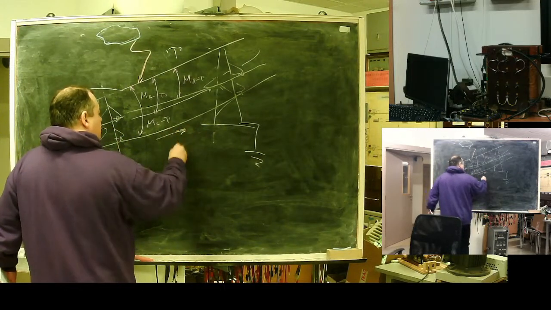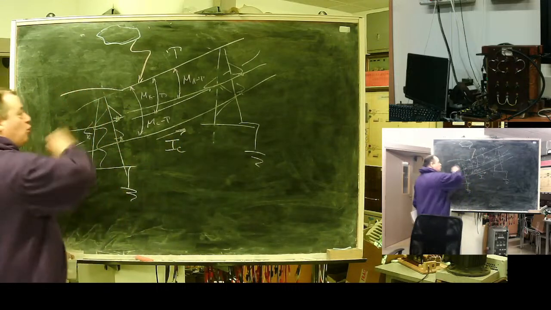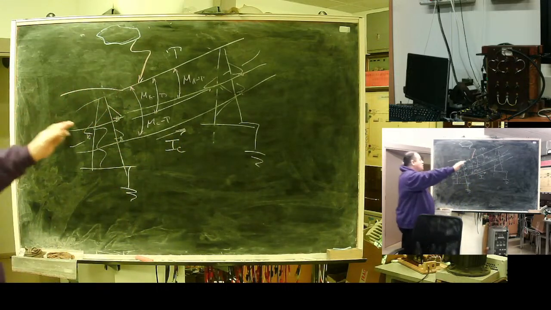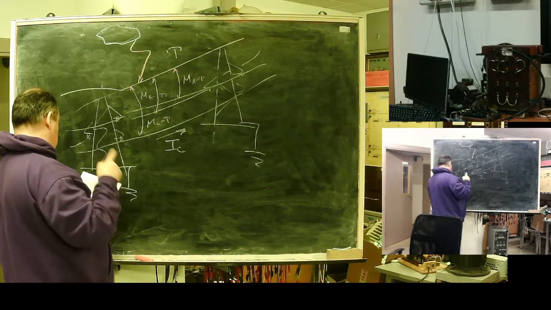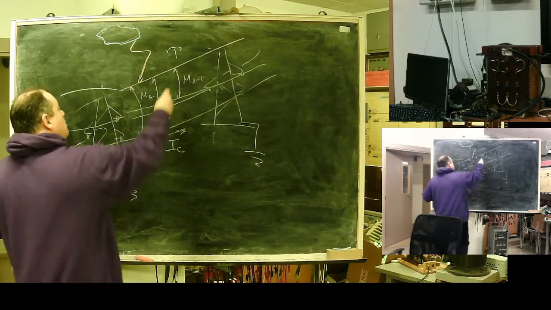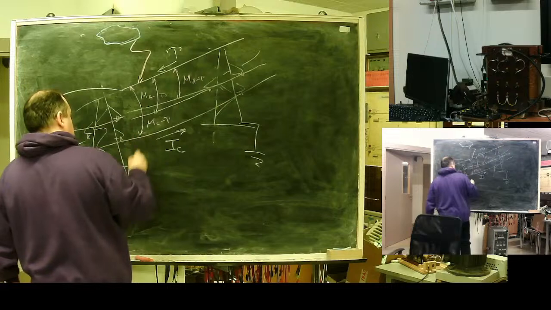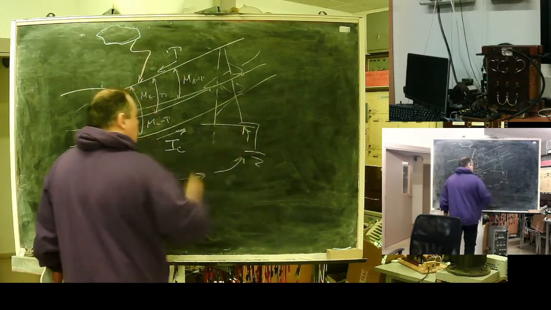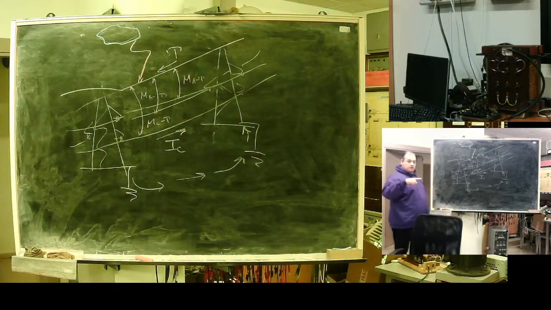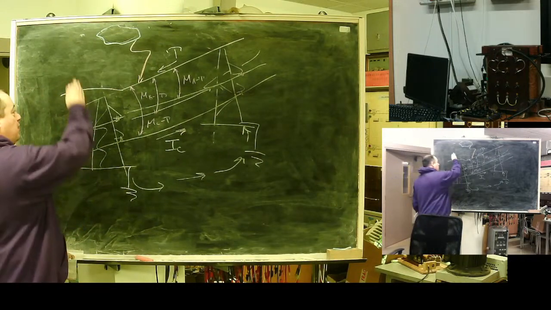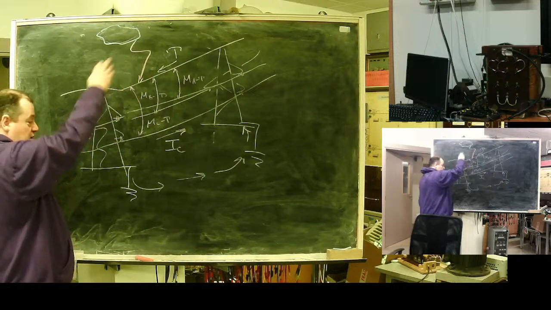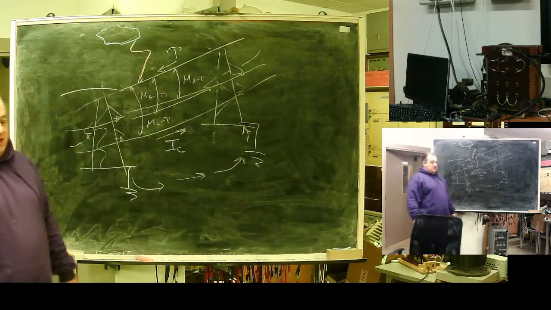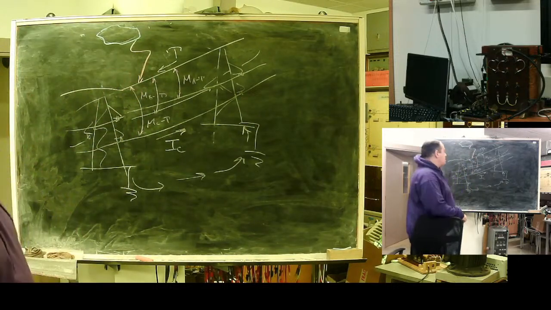Let's say the current flows in this direction, the induced voltage will be directed this way, and you will see a circulating current in the loop: tower, protective wire, ground, next tower. It brings losses.